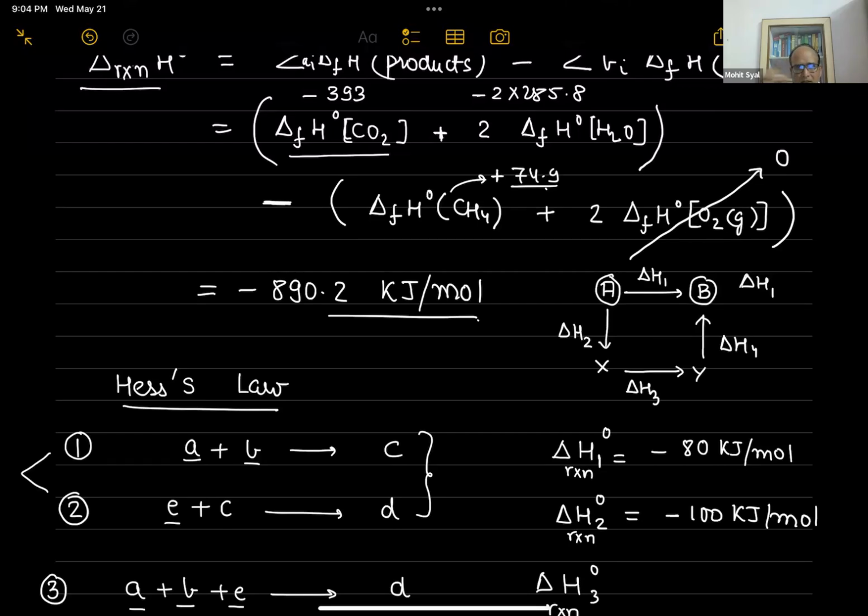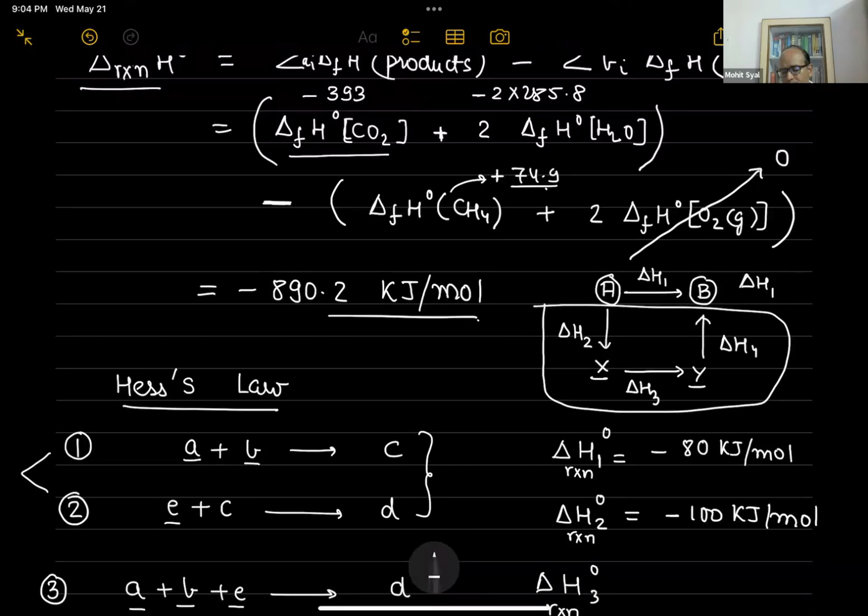This is one of the paths which is leading directly from A to B. There is one more path which is going through X and Y. The enthalpy change A to X is delta H2, X to Y is delta H3. So the total enthalpy change for this path is going to be how much?